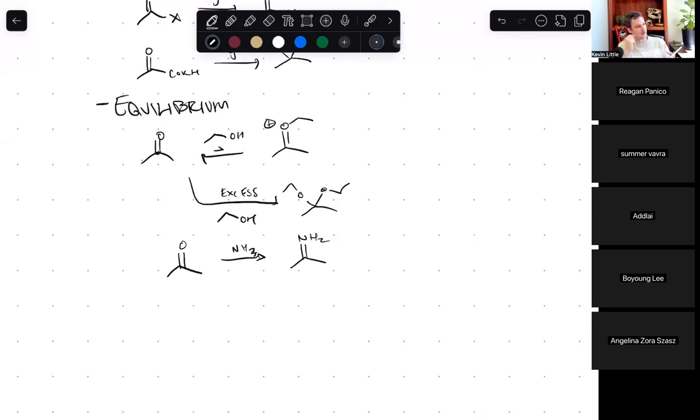Nitrogen's a better nucleophile. We can get that addition into that imine, and it's not a big deal, right? So this equilibrium would favor this product, where it would favor this product with an alcohol, right?